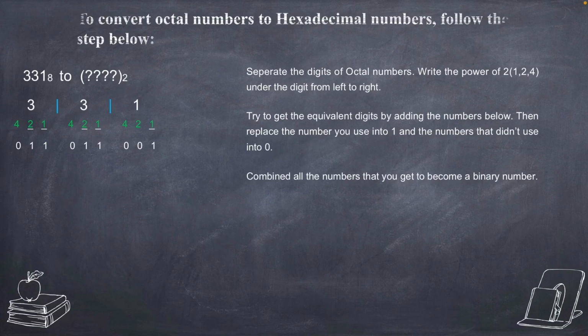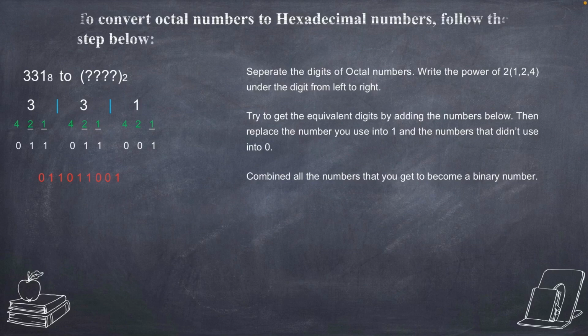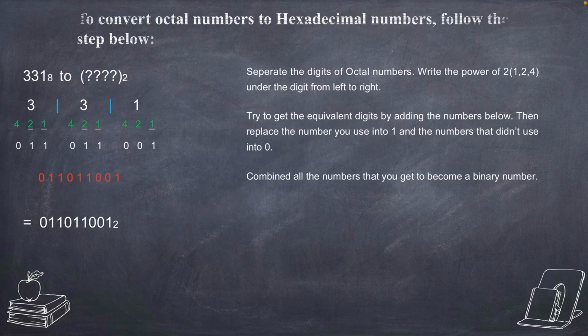Tapos, next step, combine all the numbers that you get to become a binary number. So, pagsama-samahin daw natin yung mga number na ating nakuha, which is yung 011, 011, 001. So, pag pinagsama-sama natin yan, yan ay magiging whole number na 011, 011, 001 na siyang magiging binary number base 2.